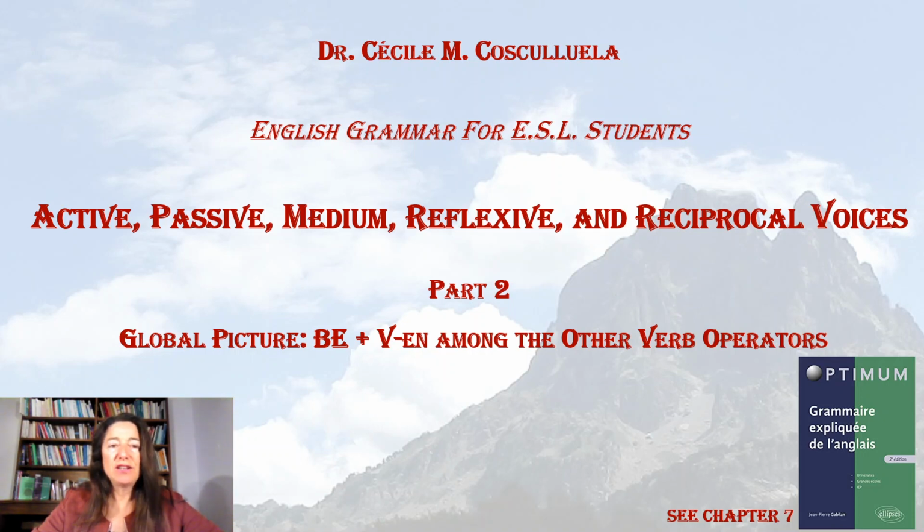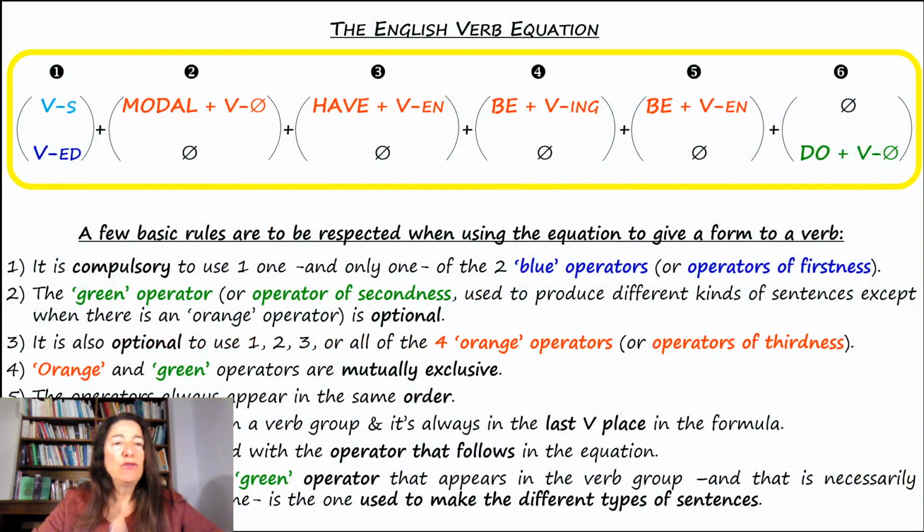So the answer to that question, and to get a global picture, it is useful to look at the English verb equation, where we can see that B plus VEN here is part of the orange operators, which are operators that are optional and compatible with one another, but not with the green one, do plus V0.